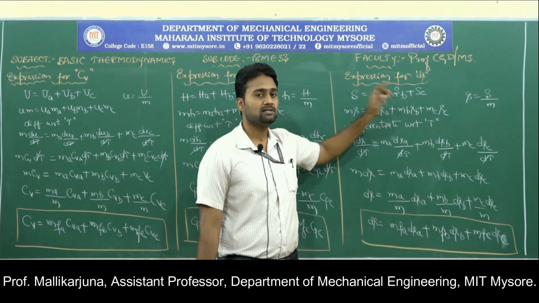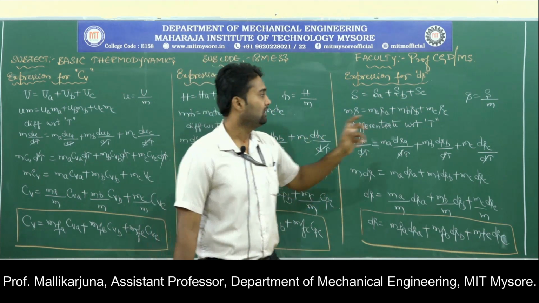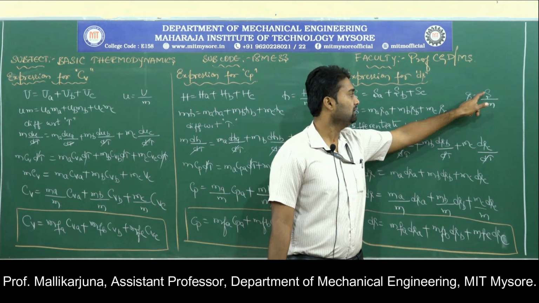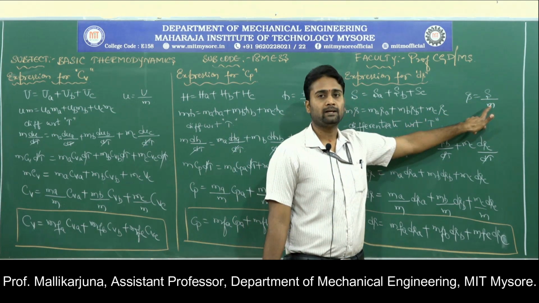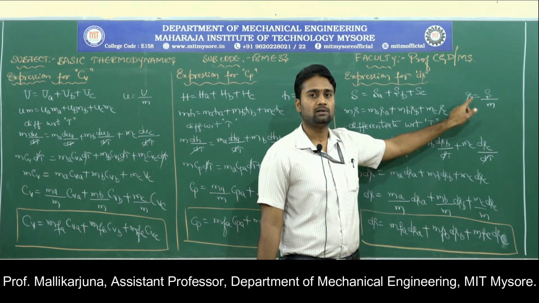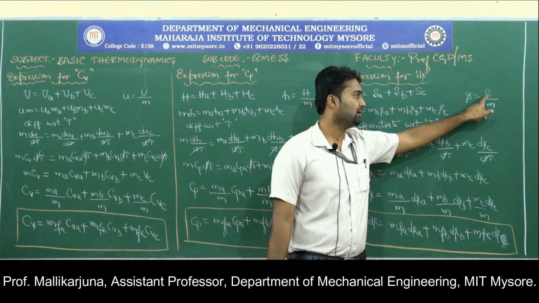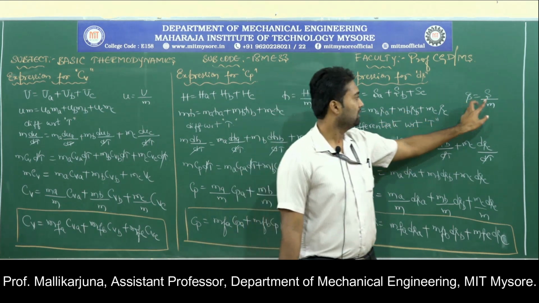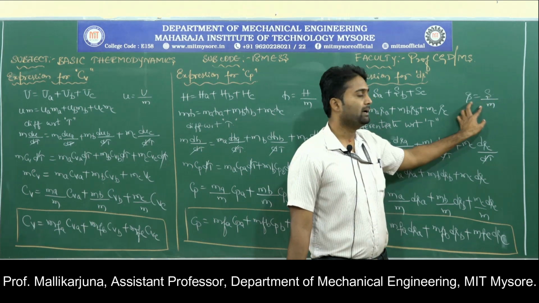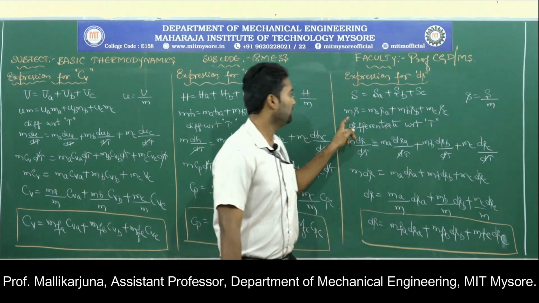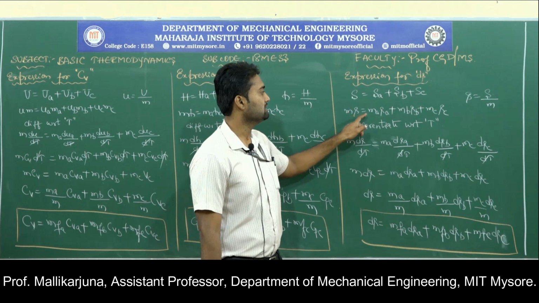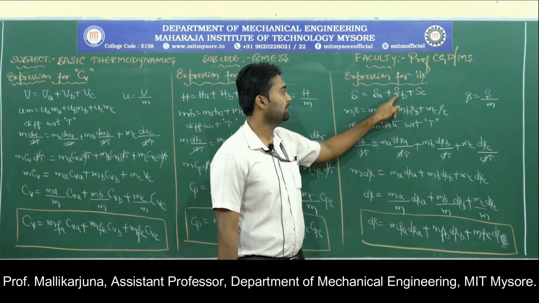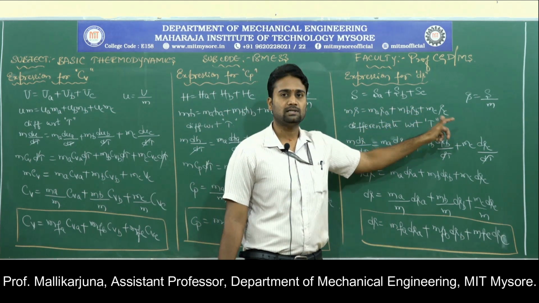Since I have written capital S, it is an extensive property. If I have to make it intensive, then please divide capital S by M so that you will get small s. Small s is an intensive property, capital S is an extensive property. If I want capital S, it is nothing but M into small s. That is what I have written here, M into s, which is equal to MASA plus MBSB plus MCSC.